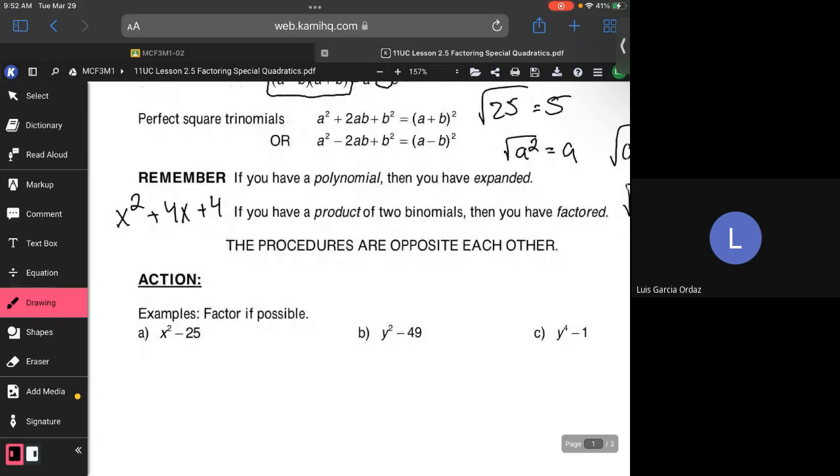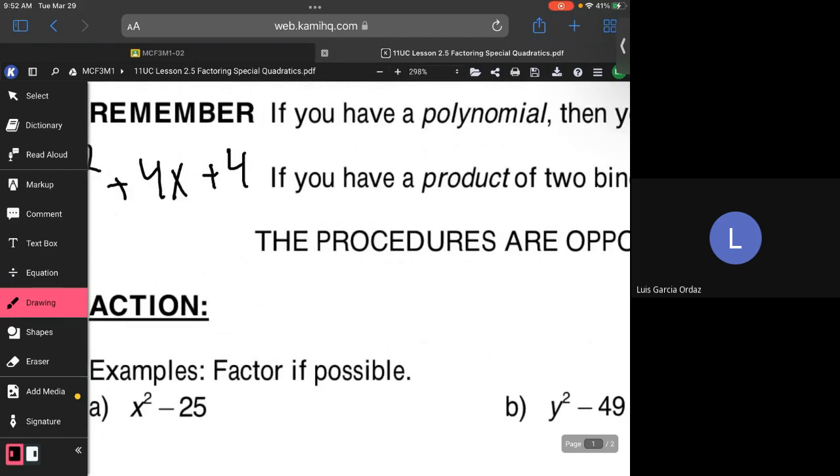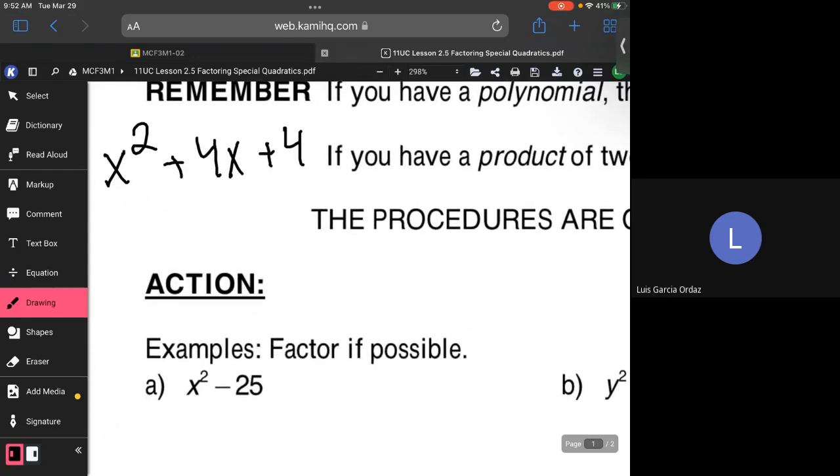How would I factor this simple trinomial out? Yep. So product is equal to 4 and sum is equal to 4. So what are two numbers that multiply to 4 and also add up to 4? 2 and 2. So 2 times 2 is equal to 4 and 2 plus 2 is equal to 4.